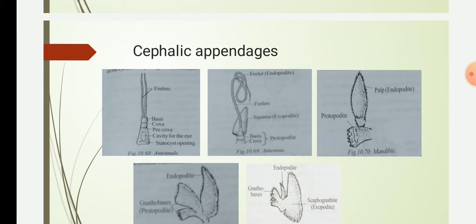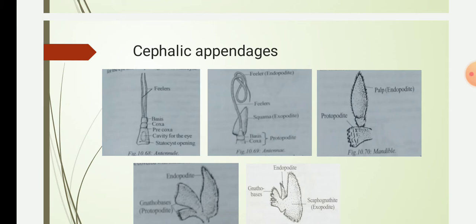The cephalothorax region consists of 13 segments, composed of head and thorax. The head is a fusion of 5 segments, giving rise to 5 pairs of appendages, whereas the thorax consists of 8 segments with 8 pairs of appendages, followed by the abdominal region that consists of 6 segments having 6 pairs of appendages.